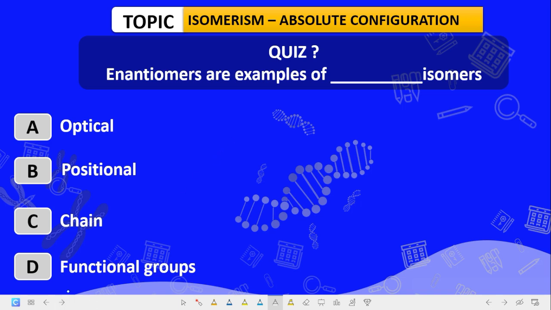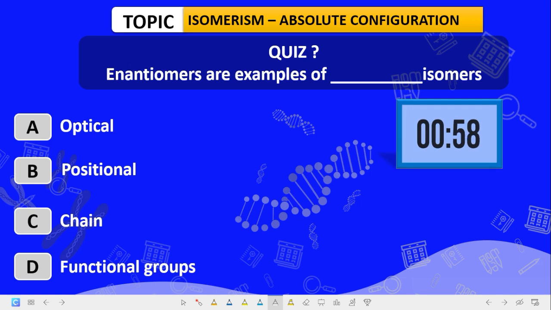Now the question says enantiomers are an example of dash isomer. So try and see if you get it correctly. Enantiomers are dash isomers.